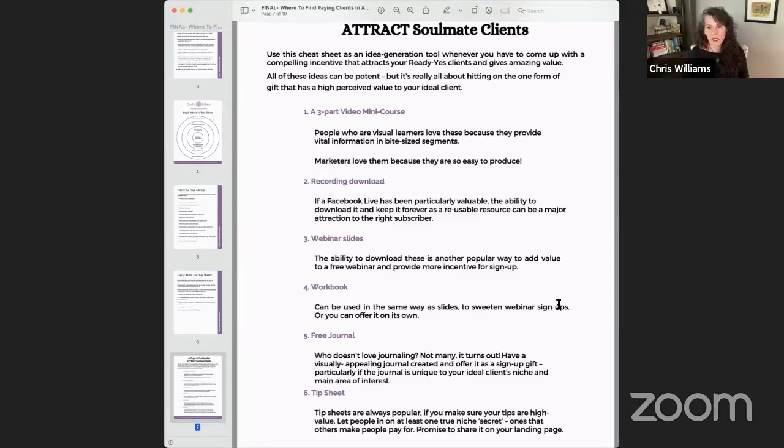We don't want to keep it complicated. We don't want to be thinking and questioning and overanalyzing everything. So some of these things are going to be things that you could absolutely use right now to create. And some of these things, if you already have a couple freebies and you already have some things that are working and converting really well for you, you might want to wait until a little bit later.